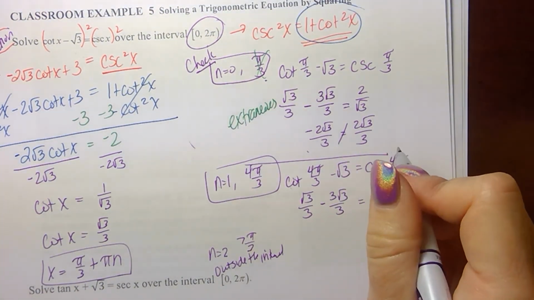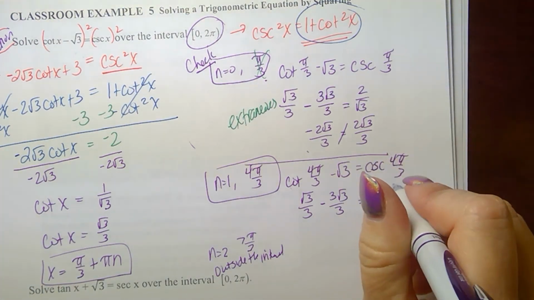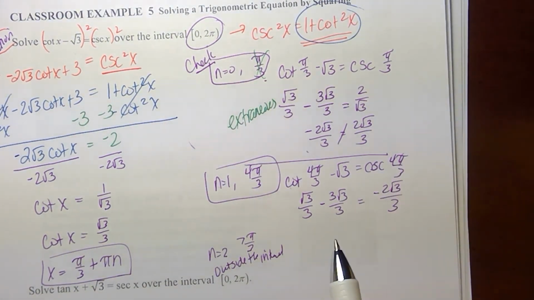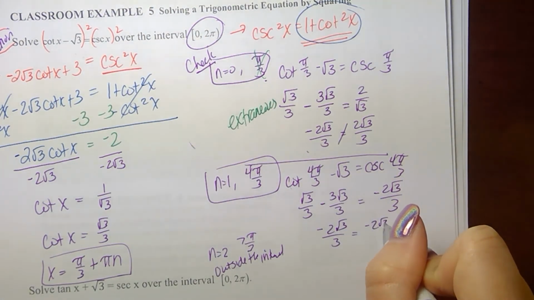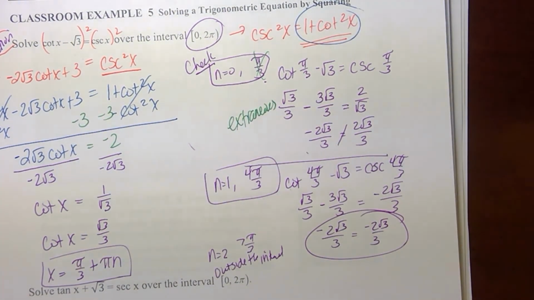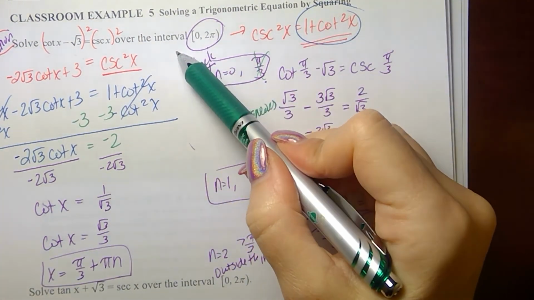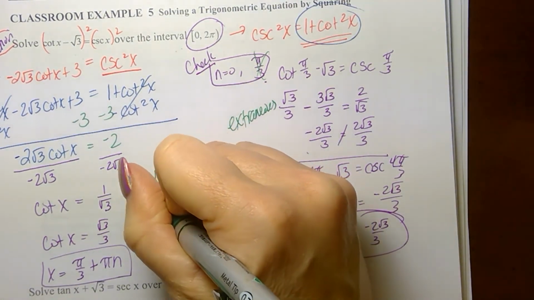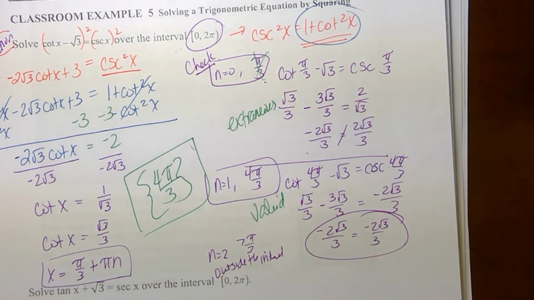Cosecant at 4 pi thirds is negative 2 over square root 3, which becomes a negative 2 square root 3 over 3. There we go. Negative 2 square root 3 over 3 equals negative 2 square root 3 over 3. That's a valid solution. So the only angle for which this equation is true is 4 pi thirds. That is the only angle within that interval.